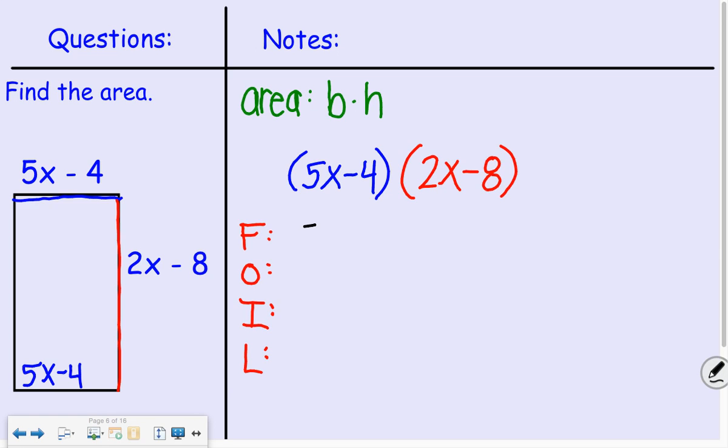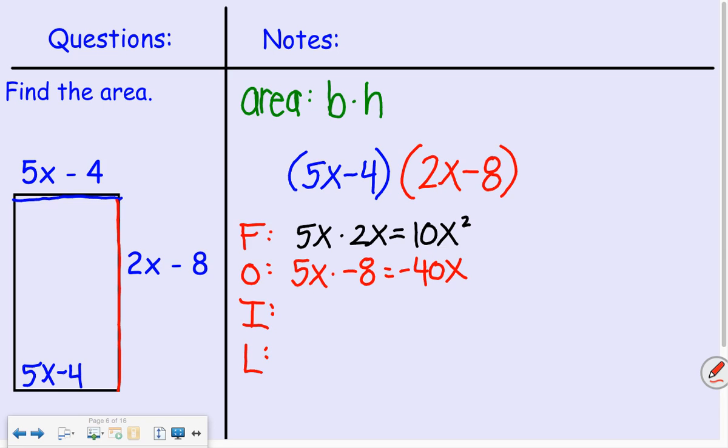So F is 5x times 2x, which is 10x squared. Outer is 5x times negative 8, which is negative 40x. Inner is negative 4 times 2x, which is negative 8x.